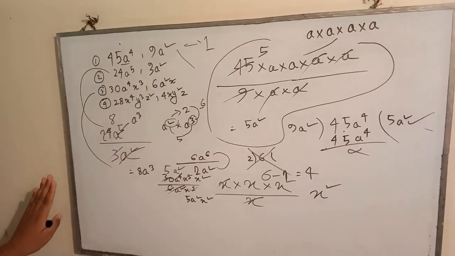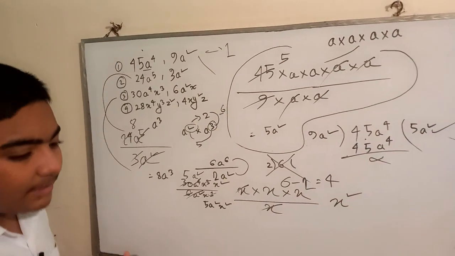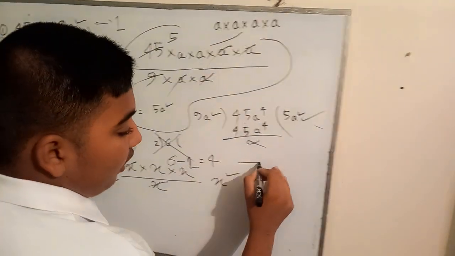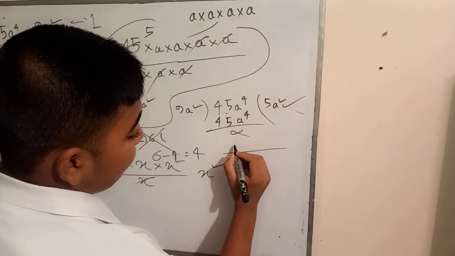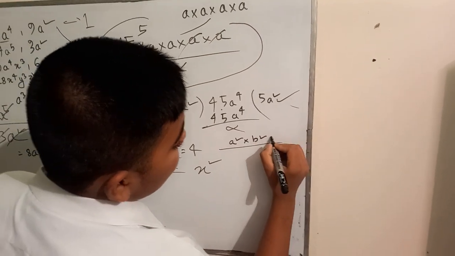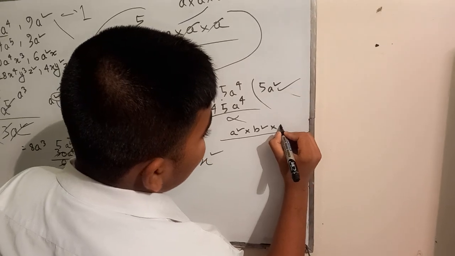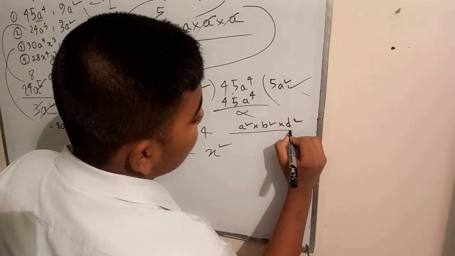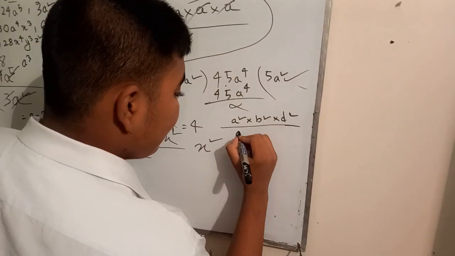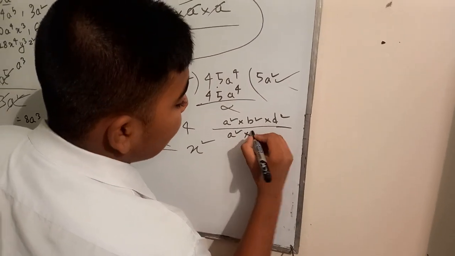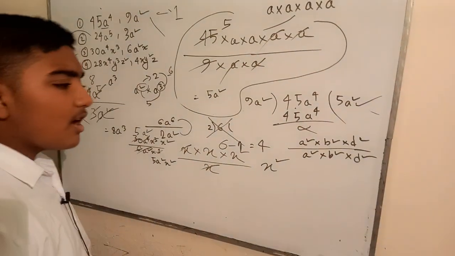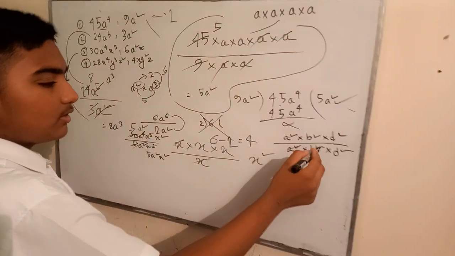So now let's know something different. First of all, imagine a number like this: a square multiplied by b square multiplied by c square or d square. Then take again a square multiplied by b square multiplied by d square. So here it cuts everything.